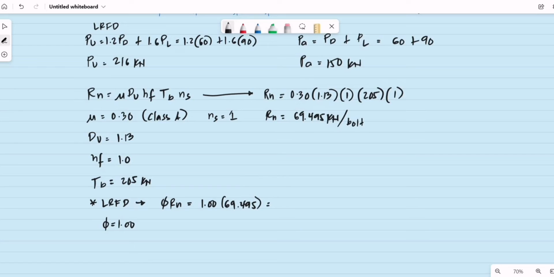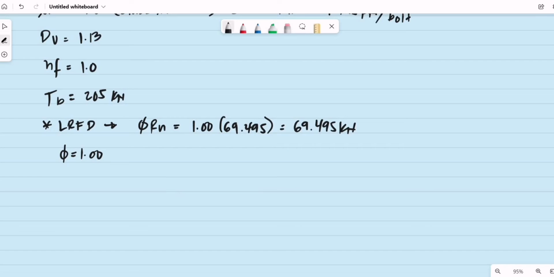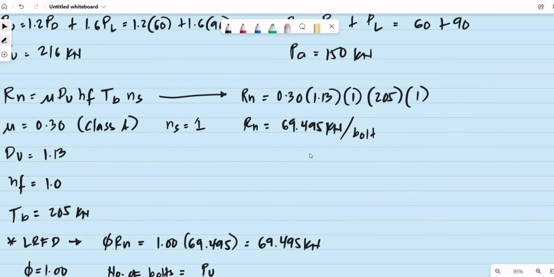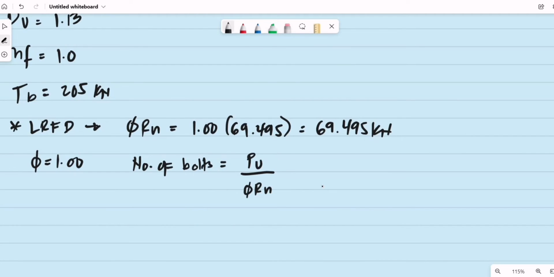Basically the same as 69.495 kilonewtons. Under LRFD, the required number of bolts will be equal to our ultimate load, P sub U, divided by the design strength per 1 bolt, which is 69.495.